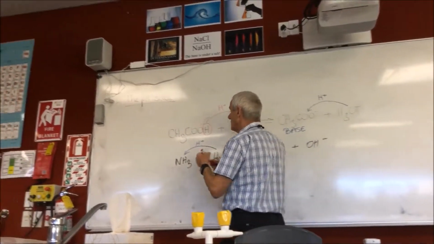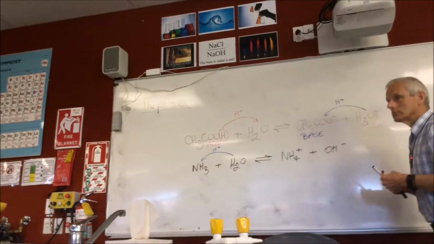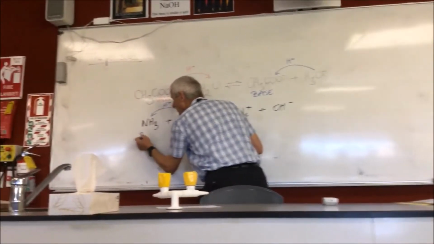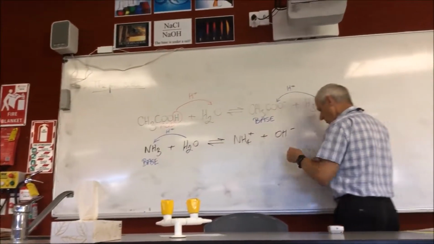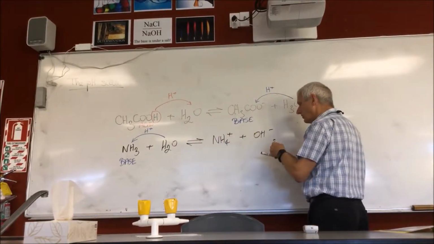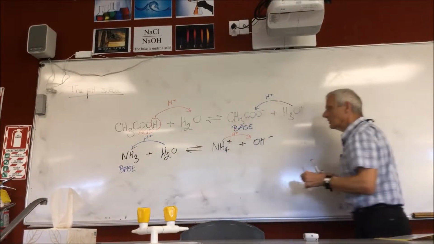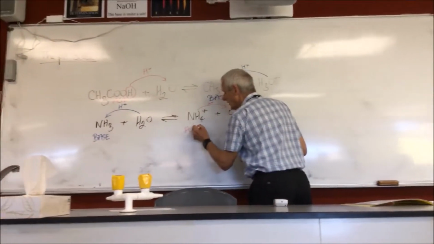This is an acid because it's donated a proton. In this case, we've got a base. And here, this donates a proton across, so this is acting like an acid. It donates H+ to OH-, so this makes it an acid.